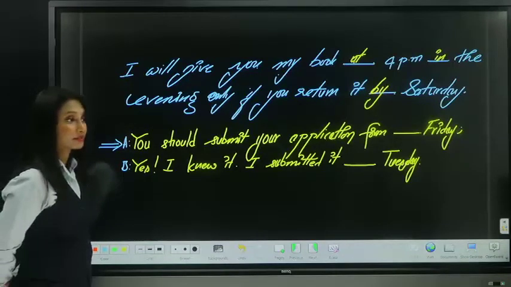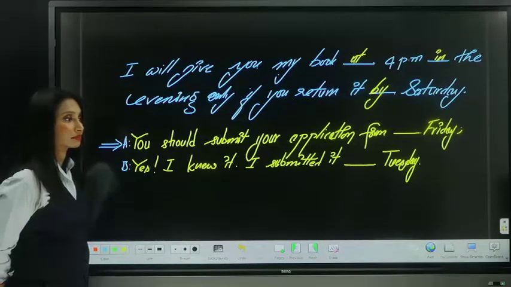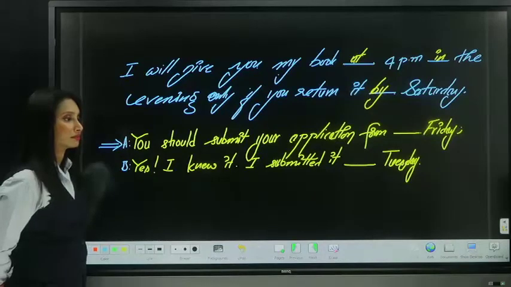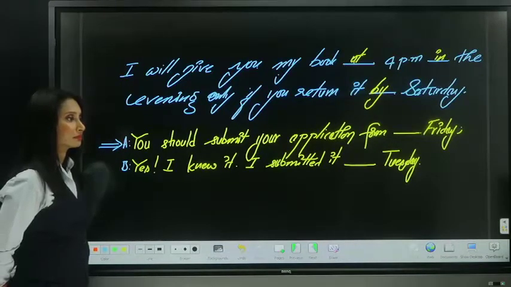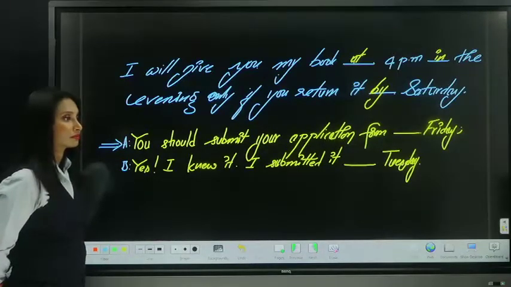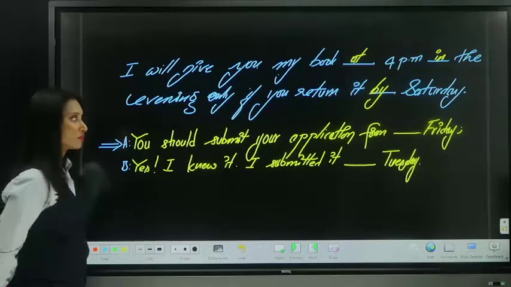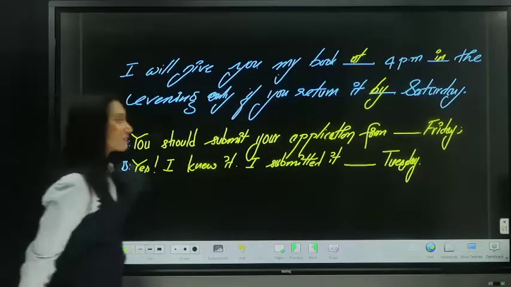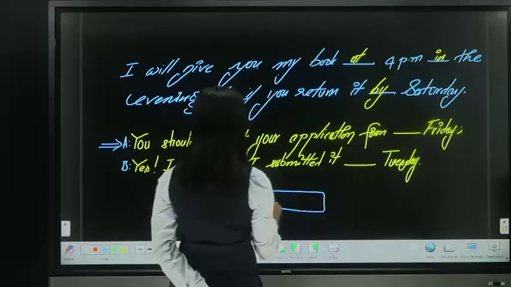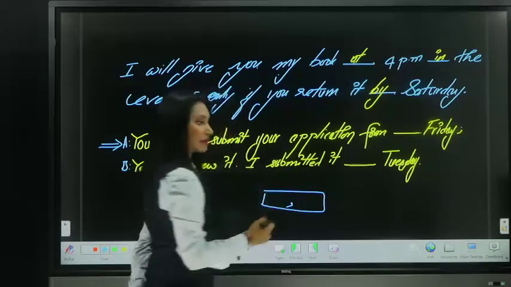Only two blanks. So first try to give both at a time by just separating them with a comma. What do you think is the first one? What do you think is the second one?